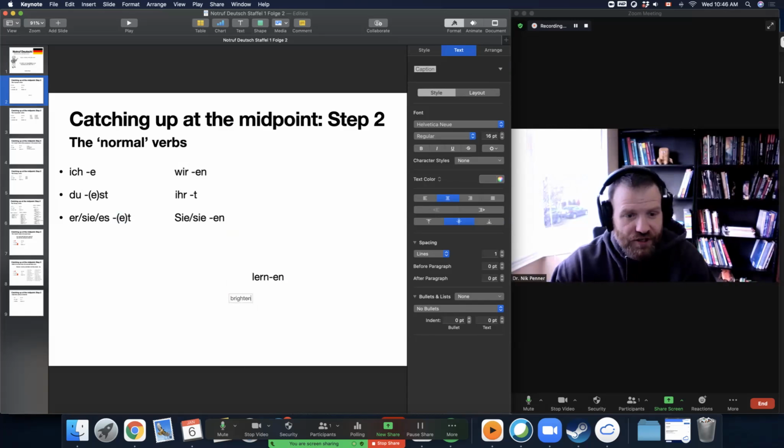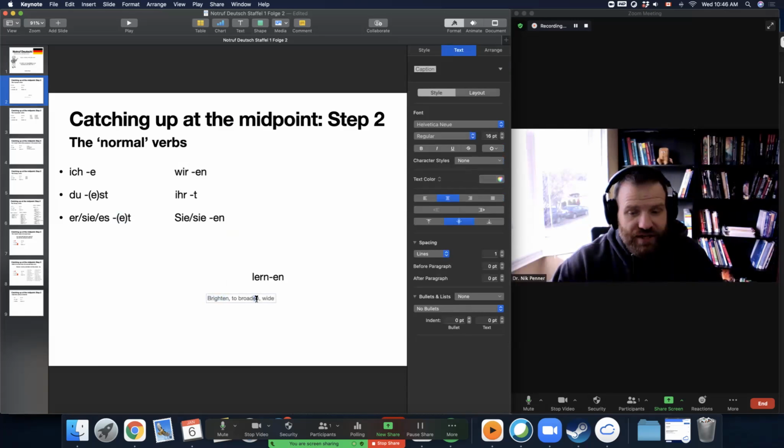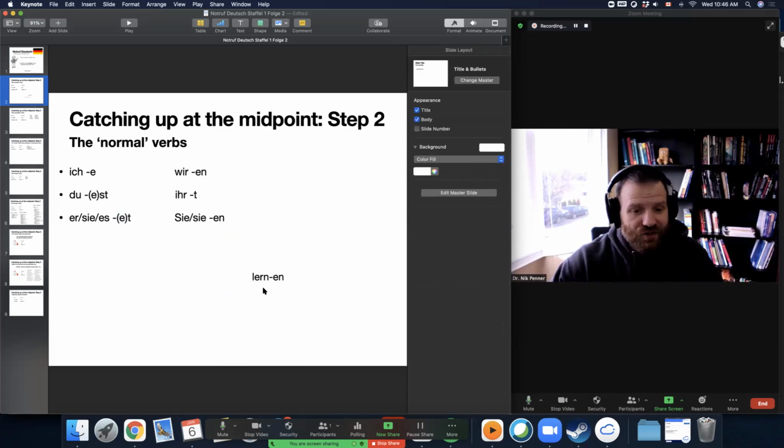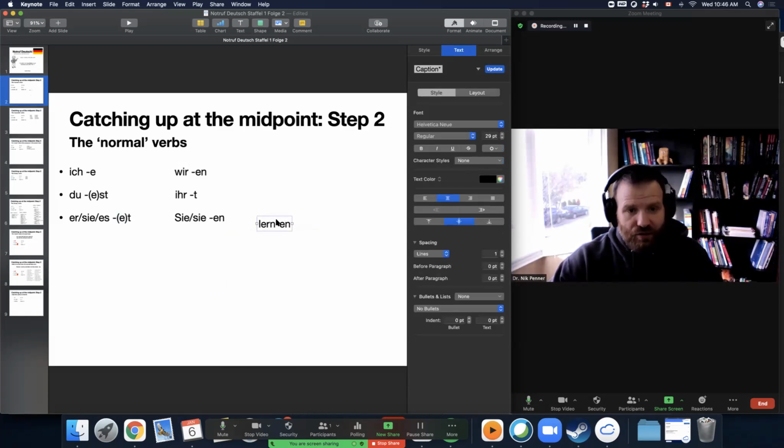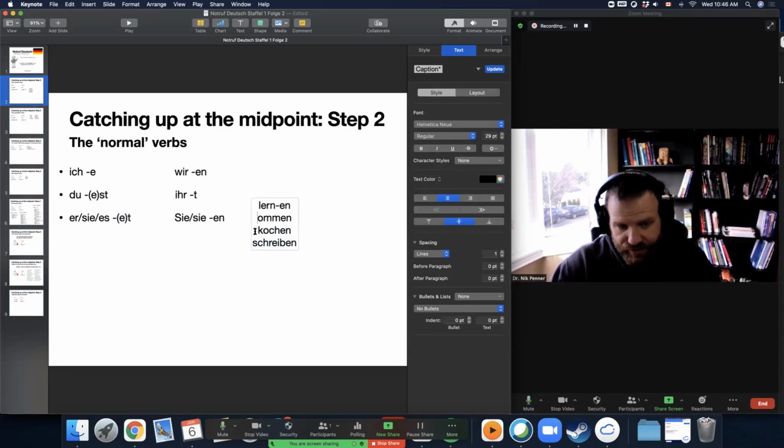We kept it in such words as brighten, to broaden, widen, and so forth. So those verbs actually have the en. They retain the Anglo-Saxon Germanic en. So back to lernen or some other frequent verbs: kommen, kochen, schreiben. We don't capitalize verbs in German, only nouns.